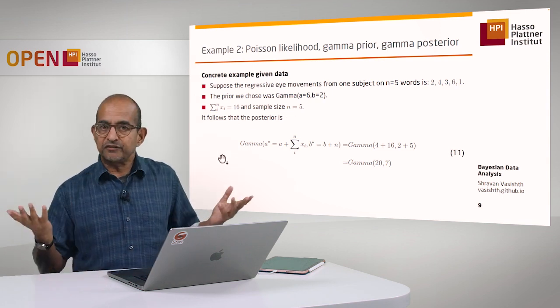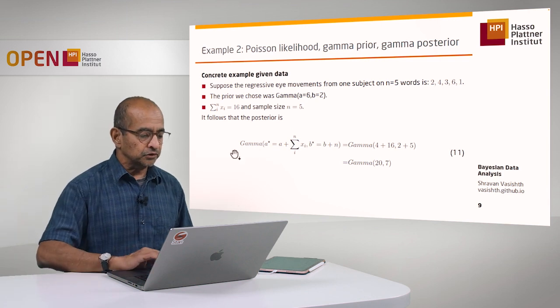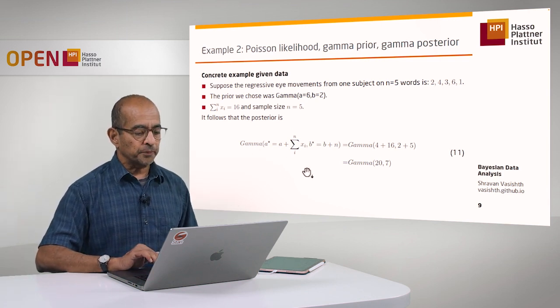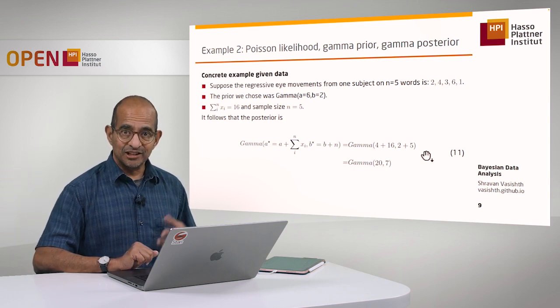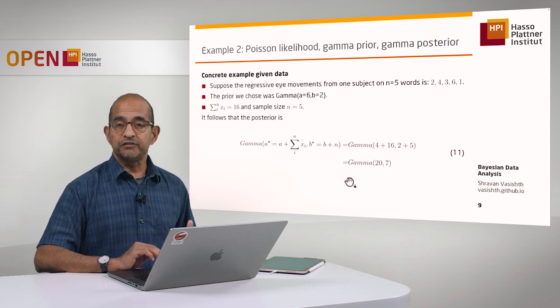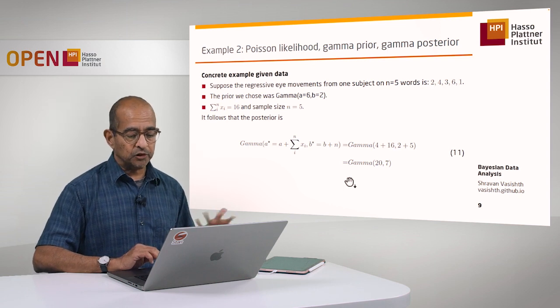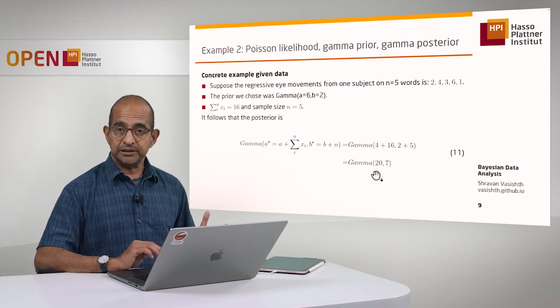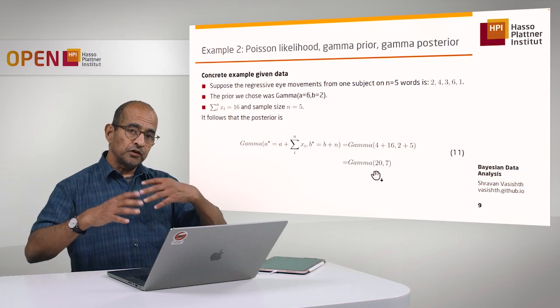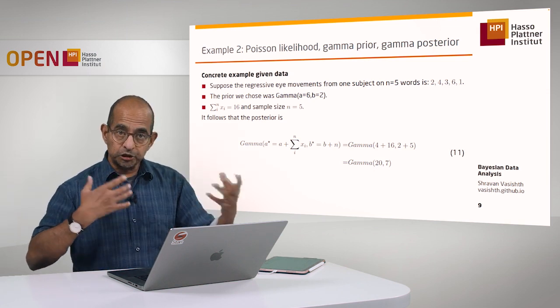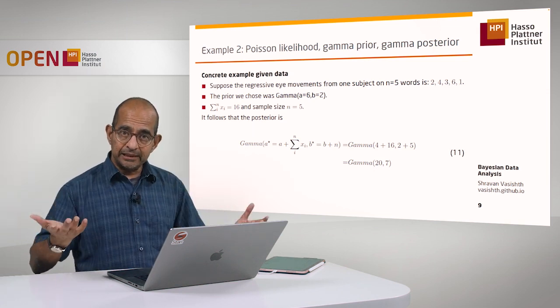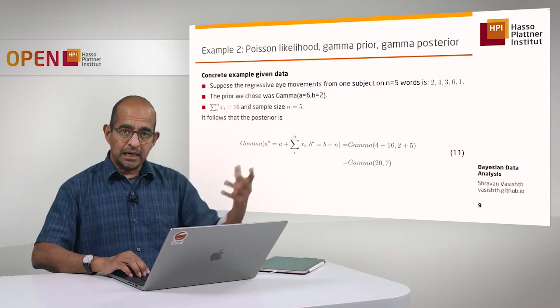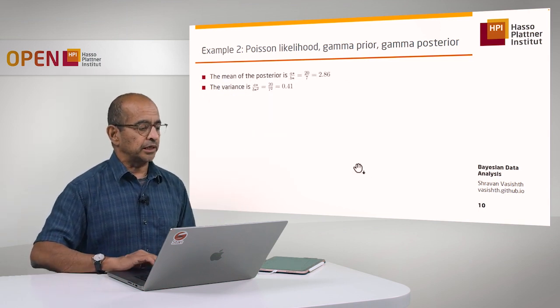So I don't actually have to do any computation. I just have to do simple addition here. I know what my A and B are, so I just do the calculation, and this is my posterior for the lambda parameter, given my prior for A and B, whatever that was. So this is a great example for understanding how conjugacy gives you very clean posterior distributions that belong to the same family as the prior distribution, right?